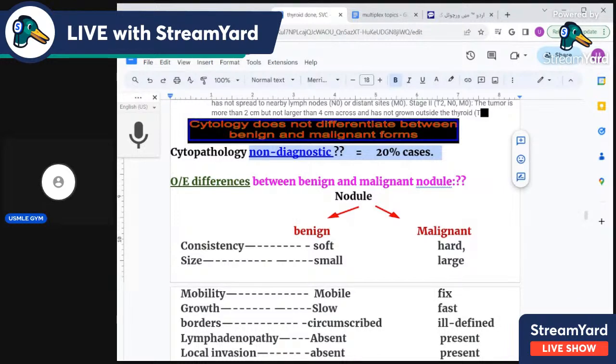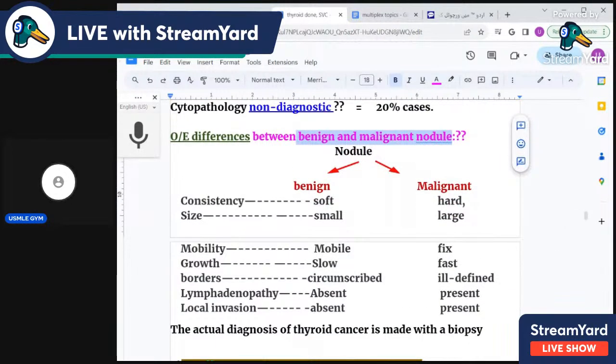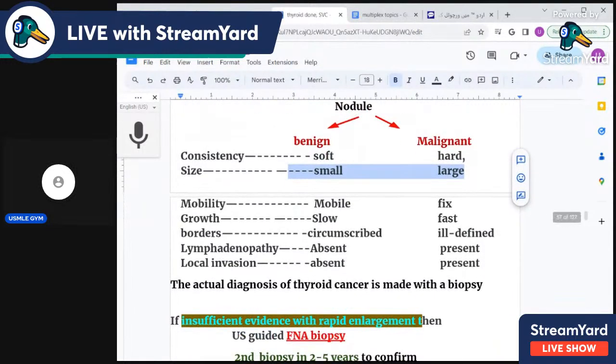So what's the difference between benign and malignant nodules on examination? Consistency is soft in a benign nodule and hard in a malignant nodule. Size: benign nodules are smaller and malignant nodules are larger. Mobility: benign nodules are mobile and malignant nodules are fixed.